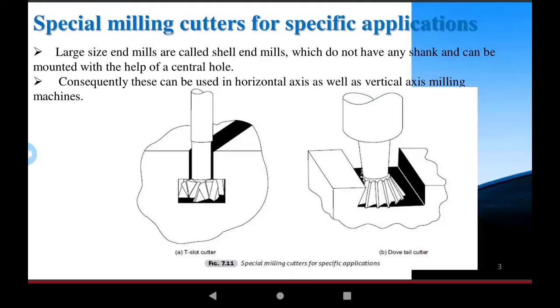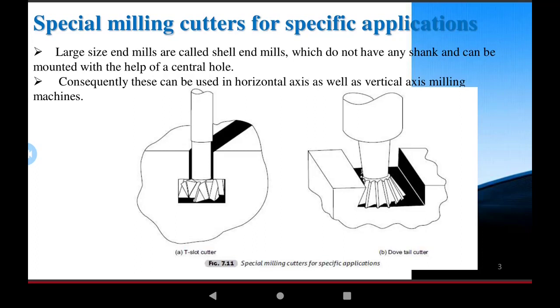Special milling cutters for specific applications: the large size end mills are called shell end mills. These cutters are also used for very large diameter operations. They do not have any shank and can be mounted with the help of the center holes of the machines.